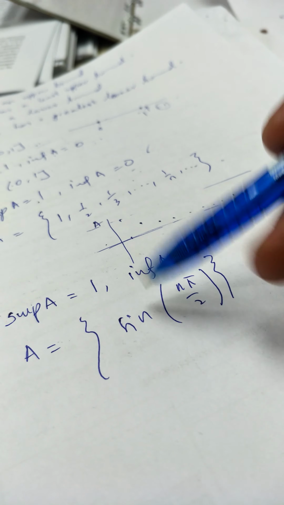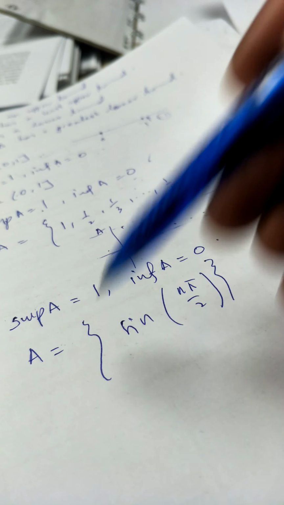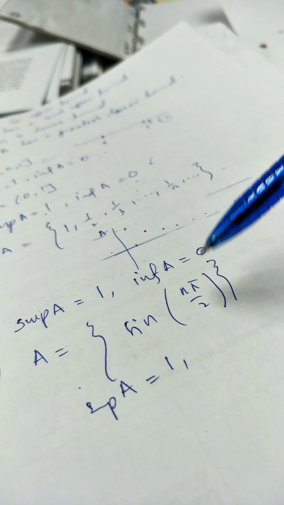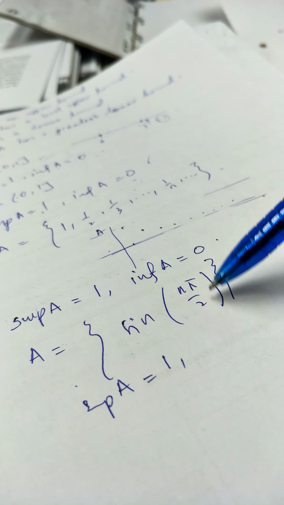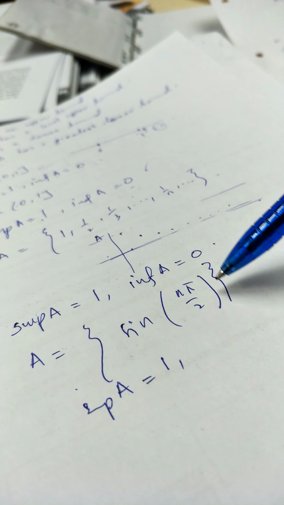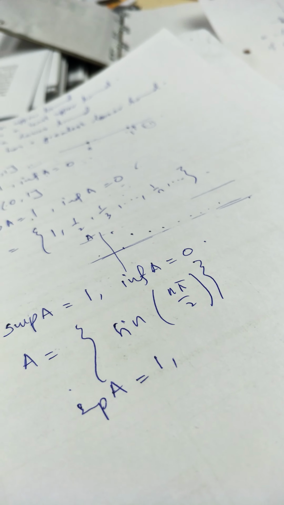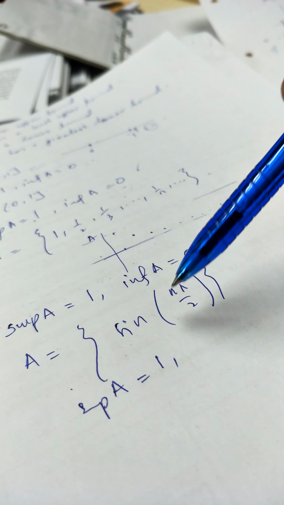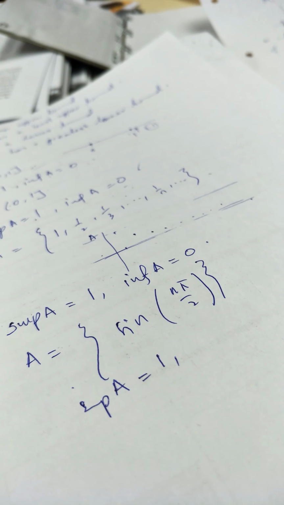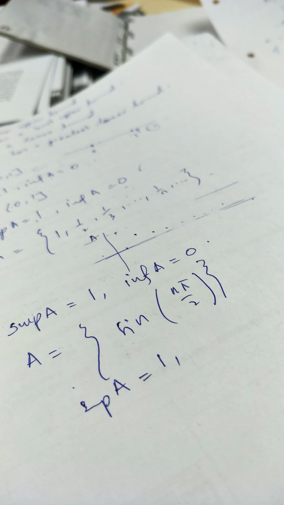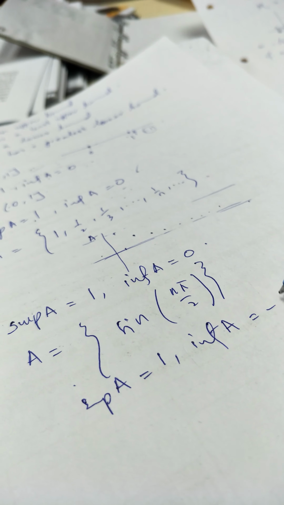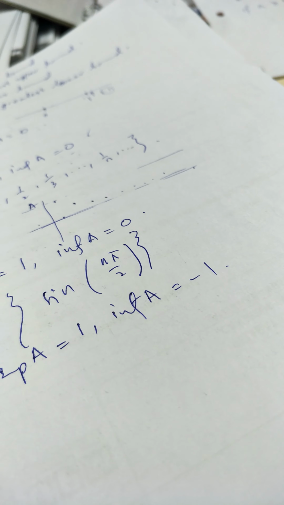The maximum for sine is 1, so the supremum of A is 1, and the minimum is -1, because the elements go 1, -1, 1, -1, oscillating. So the infimum of A is -1 as the greatest lower bound.